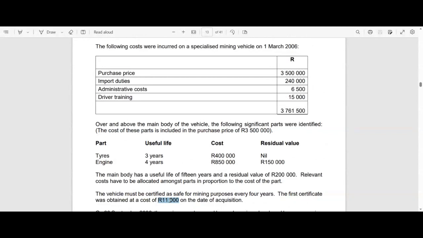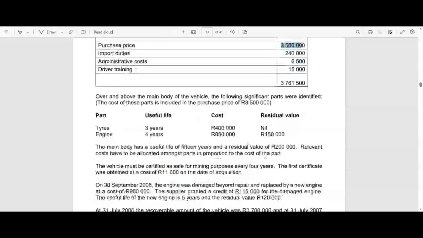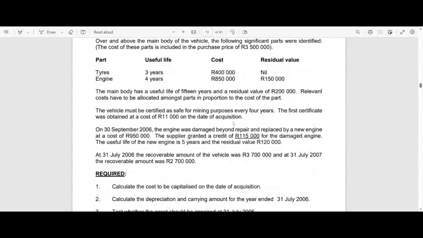Had that been 110,000, different story. If that had been 110,000, then it is quite material in relation to the total value of the asset. So in that case, I would have recognized the 110,000 as a separate component and treated it as a significant part so that it can be written off over the useful lifetime of that specific safety certificate. We see that the safety certificate has a useful lifetime of 4 years.